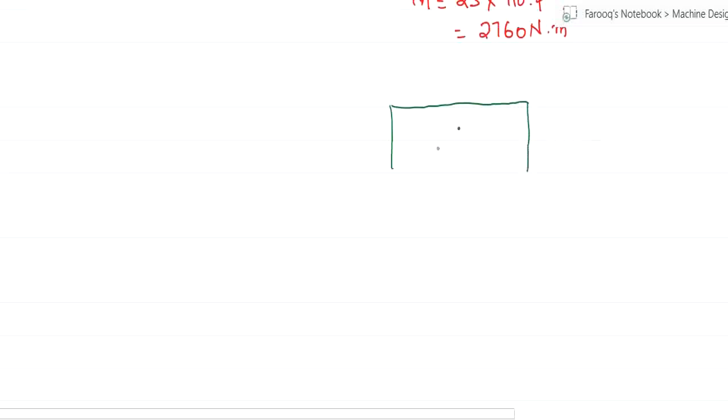For example, if this is our centroid G and we want to find the value of stress at this point, let's say we are going to call this point A, then R is going to be this straight line distance between G and A, and we are going to call it RA.